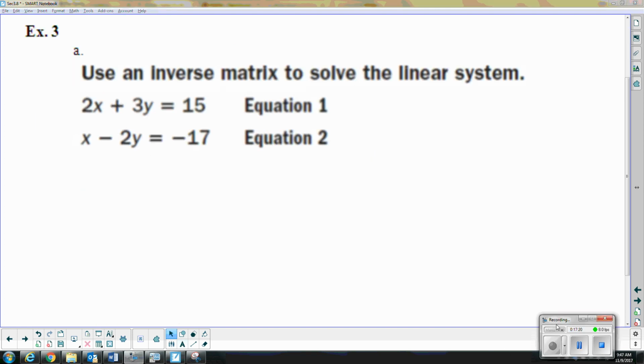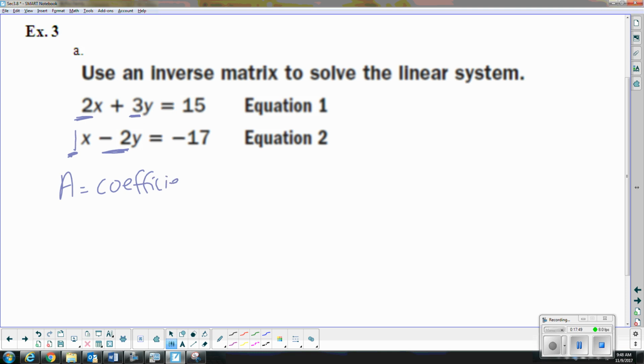All right, our first step is to write matrix A, matrix X, and matrix B. So our first matrix A is our coefficient matrix. So let's look at our coefficients. 2, 3, 1, and -2. Okay, so A equals the coefficient matrix.